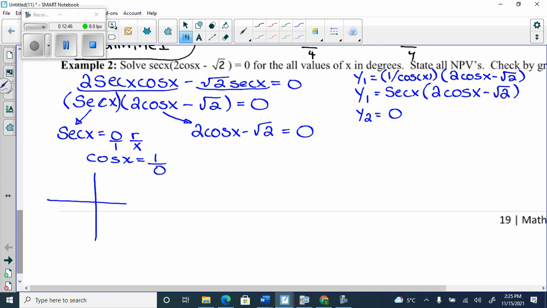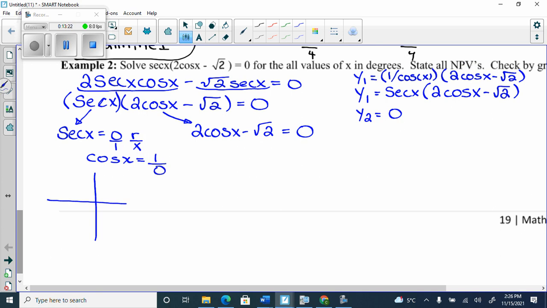So everyone should be typing it in. So in y1, you're going to have 1 divided by cos x, bracket 2 cos x minus root 2.